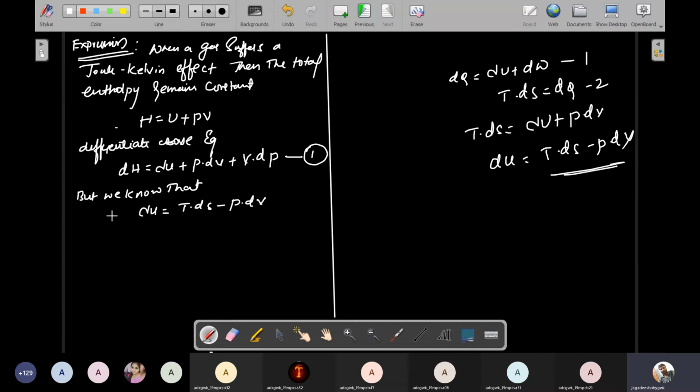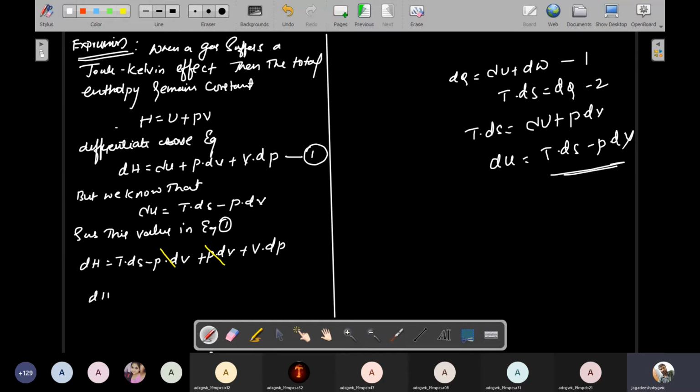Now substitute this value in equation 1. So dH is equal to, substituting dU, T dot dS minus P dot dV plus P dot dV plus V dot dP. The P dot dV terms cancel, these two are cancelled.